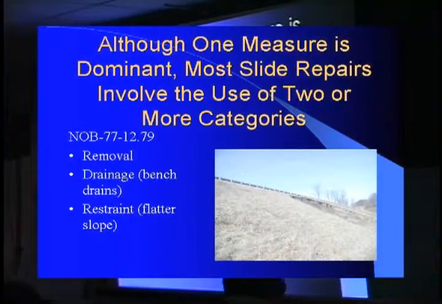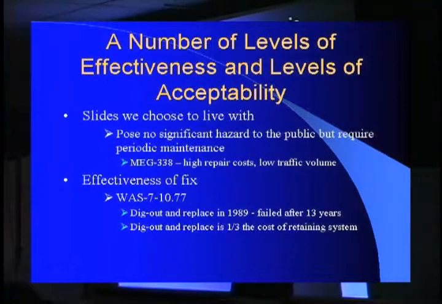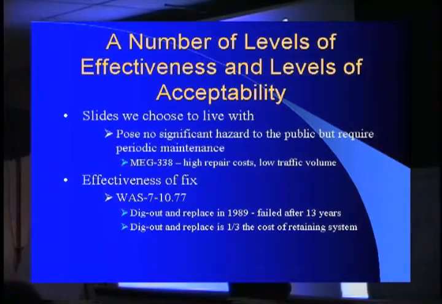So we're going to flatten it out as much as we possibly can. Rather than a 2 to 1, we're going to go 2.5 to 1 because the right-of-way allows it, and that will give the red shale that could be used here, that Jim mentioned has a really poor strength, a little flatter situation to not fail in the future.